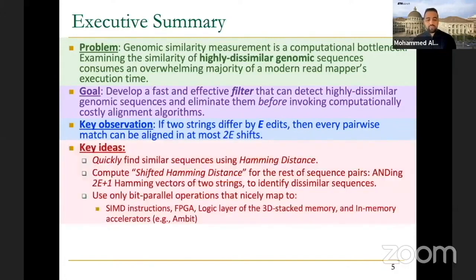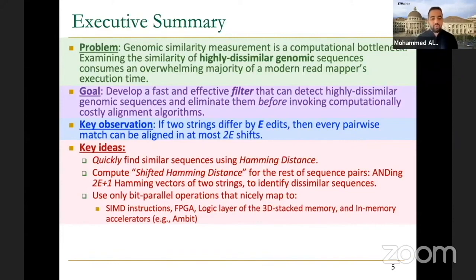We use this to build a very quick filter that first finds similar sequences using Hamming distance. We apply Hamming distance and see the number of differences. If they still exceed a threshold, we cannot yet say whether they are similar or dissimilar, so we need to continue with the second step.